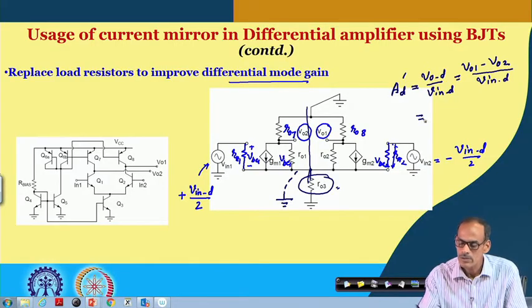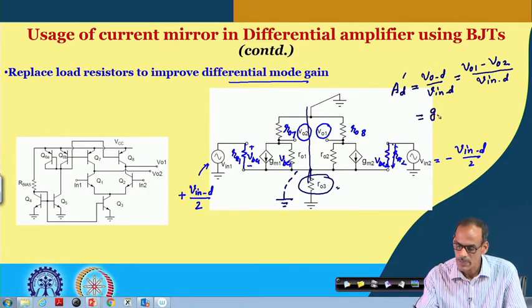As we have discussed earlier in other examples, it is easy to find that this is equal to G m 1 or 2 multiplied by R o 7 in parallel with R o 1.